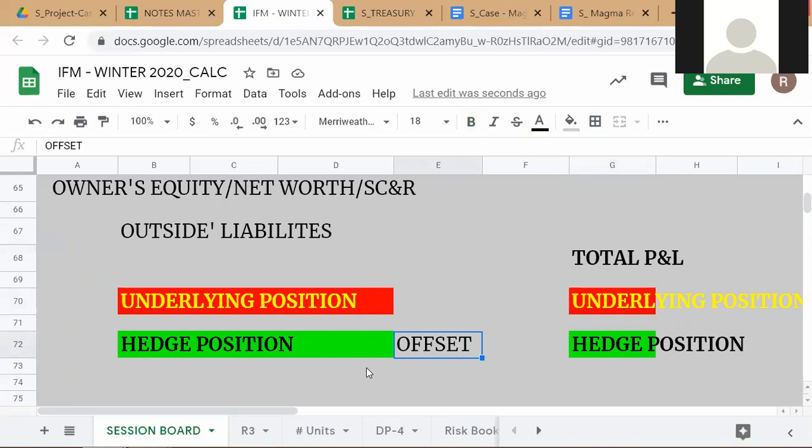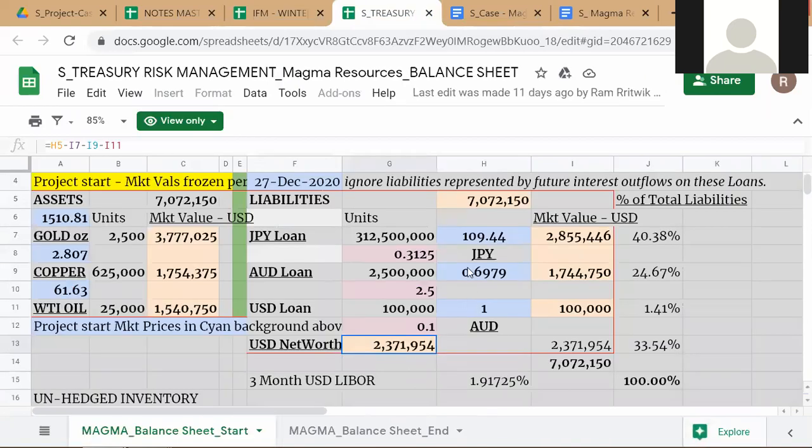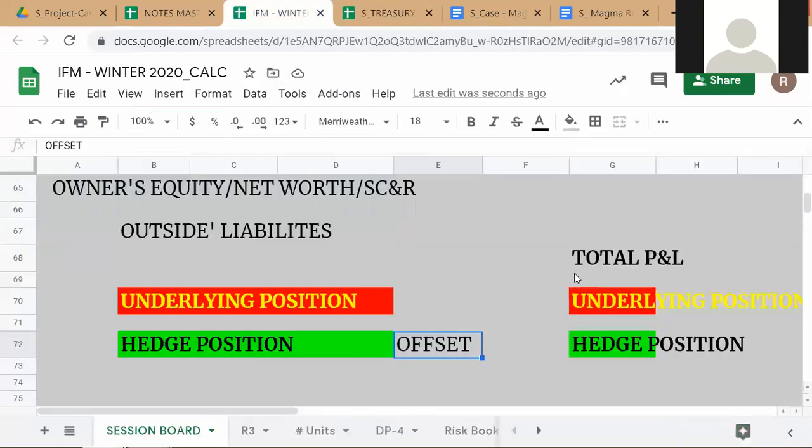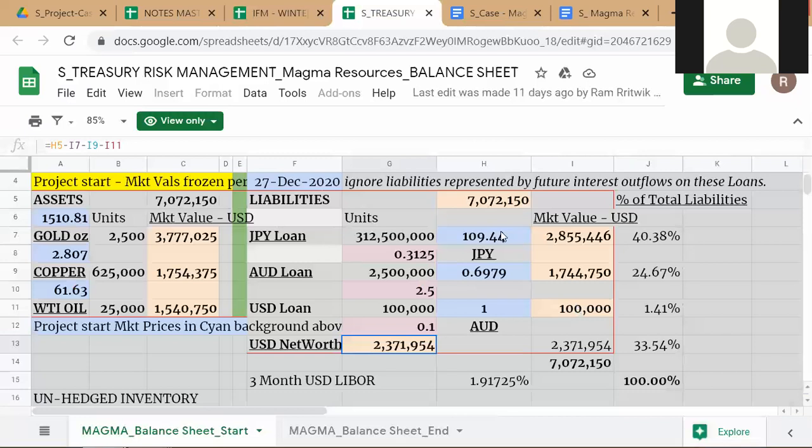You have to understand that because you can't touch the balance sheet, and the goal is to limit the erosion of net worth, which is consistent with the loss on the P&L. And the P&L is calculated as P&L on underlying position plus P&L on hedge position. You see a risk that the underlying position P&L might go down because some of these assets might go down in value, or some of these liabilities might increase in value.